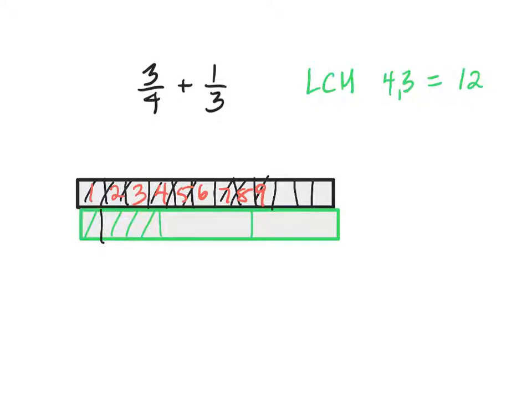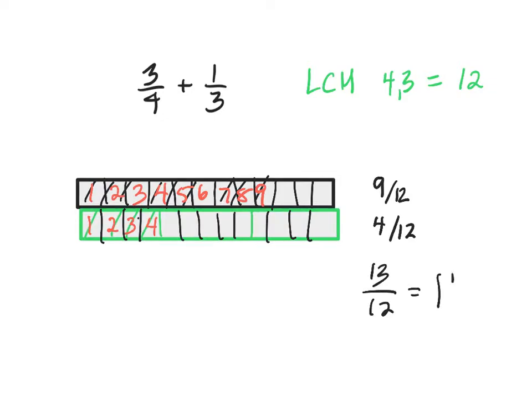So it's going to be 1, 2, 3, 4, 5, 6, 7, 8, 9, 10, 11, 12. So how many 12ths do I have down here? 4, right? So this is going to be 9 12ths plus 4 12ths. And if you count, that's 13 12ths, which is 1 and 1 12th.